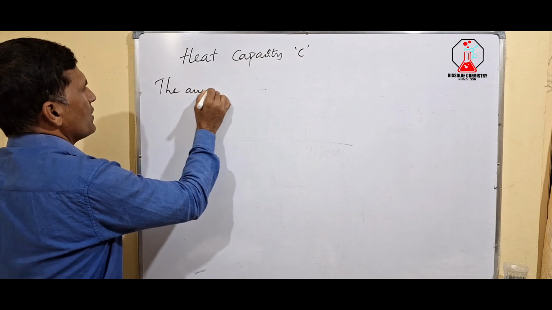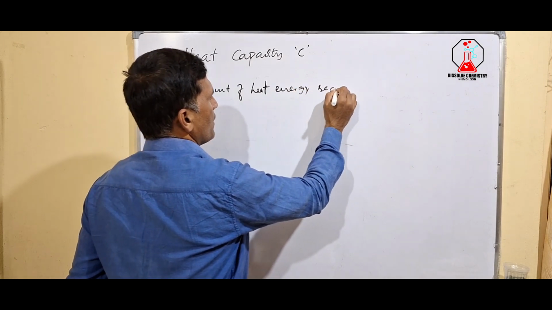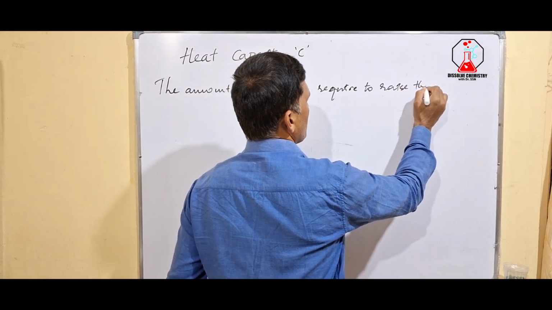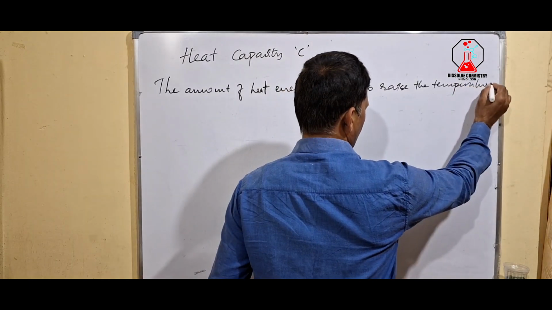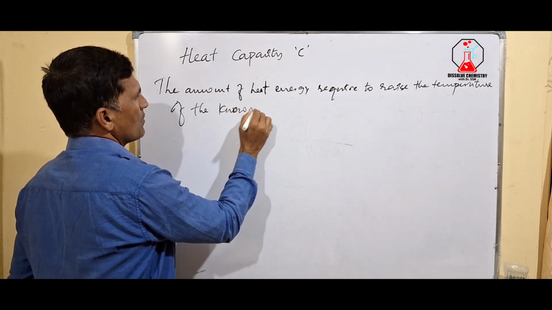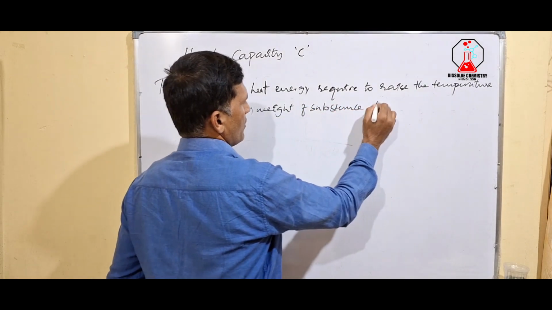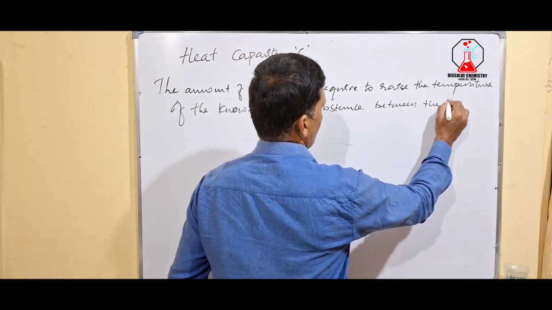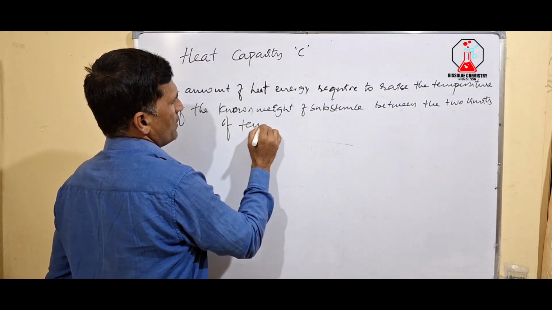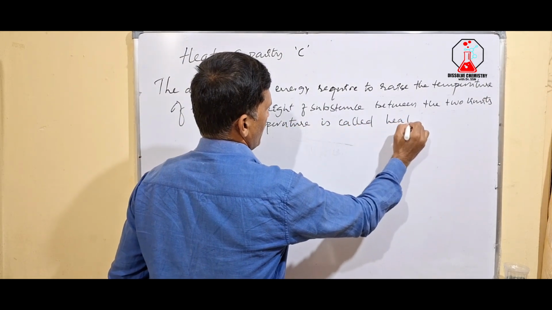The amount of heat energy required to raise the temperature of a known weight of substance between two limits of temperature is called heat capacity.